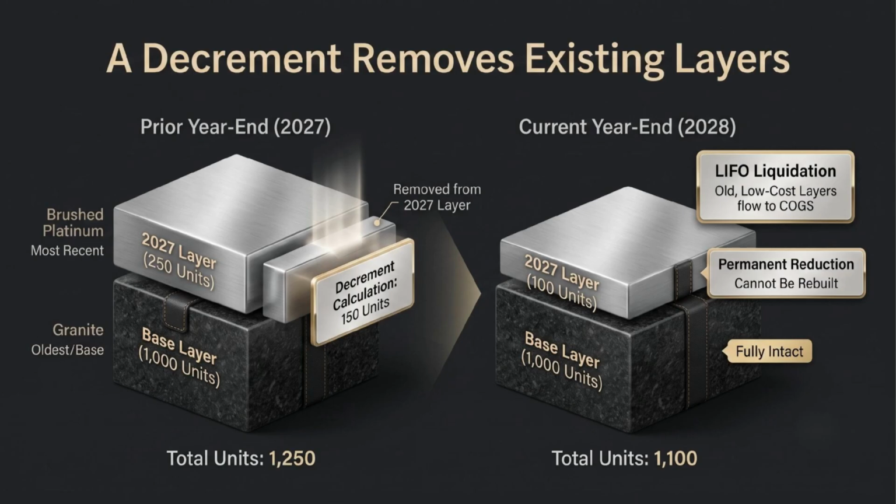That layer originally had 250 units and is reduced by 150 units, leaving 100 units. The base layer remains fully intact. A key point is that layer reduction is determined at year end. Interim movements during the year do not automatically create a final LIFO liquidation.